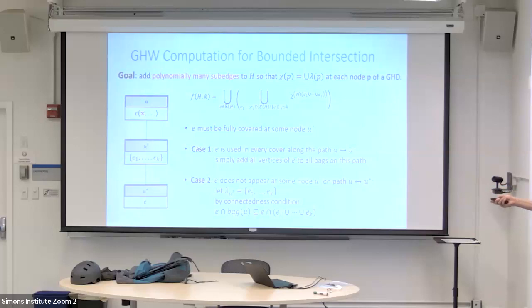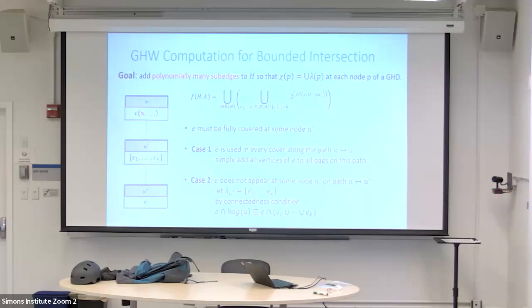Yeah. But what happens if we have on this path between U and U star a node which does not have the edge E in its edge cover? Well, by the connectedness condition, we can be sure that all of the variables present here and here must also be present here.